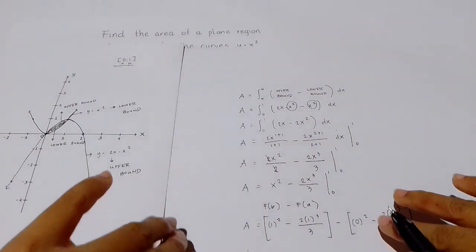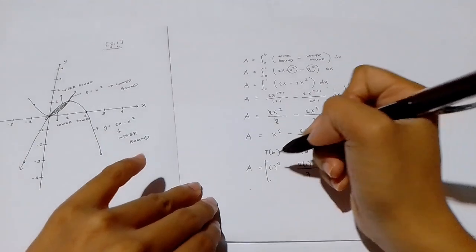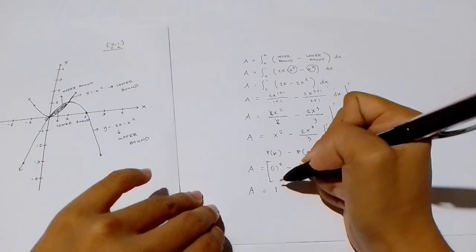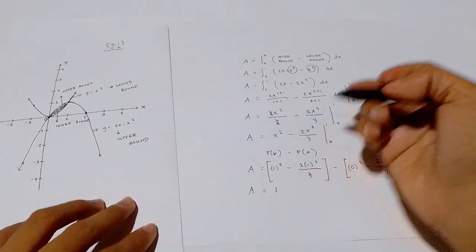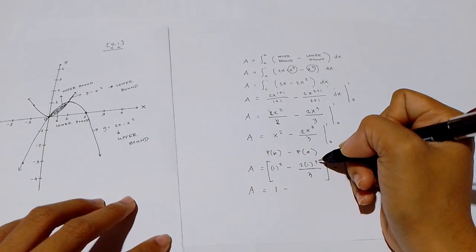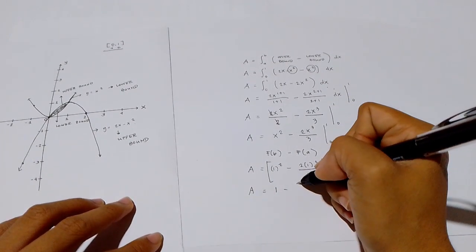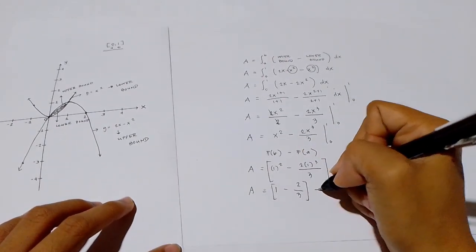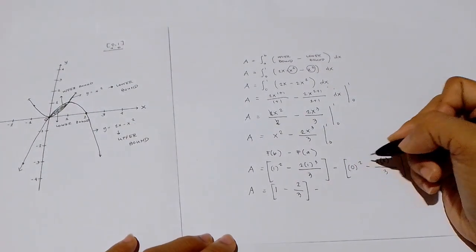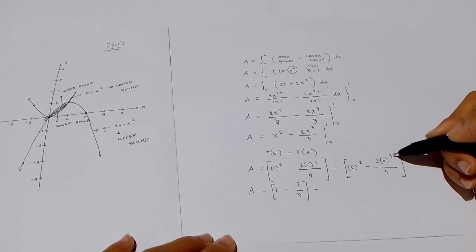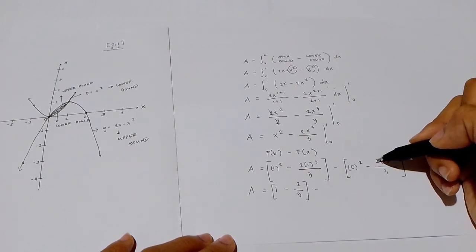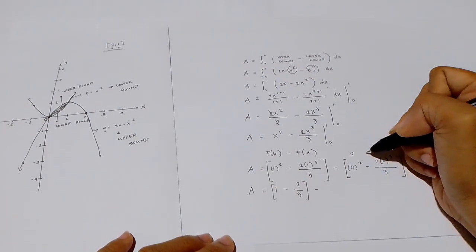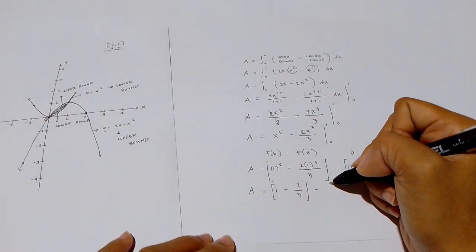So area is equal to 1 squared is equal to 1, minus 1 cubed is 1 times 2, so 2 over 3, minus 0 squared is 0, then 0 cubed is 0 times 2 is 0, then 0 divided by 3 is 0. So we have 0 minus 0 is equal to 0.